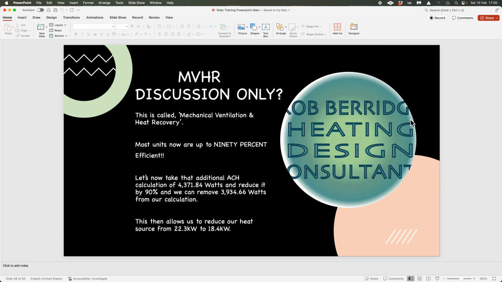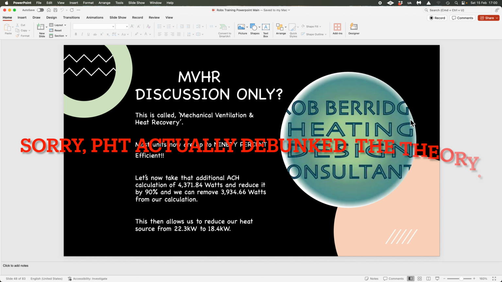But many of the companies that are out now, there's quite a few, there's Zender, there's CVC Systems, are installing these products, which are very, very good, and they're getting proven efficiencies coming back at 90% recovery. Now, there was a study done by the Passive House Trust that initially stated MVHR would only be viable in a property that had a ventilation change rate of less than 3.